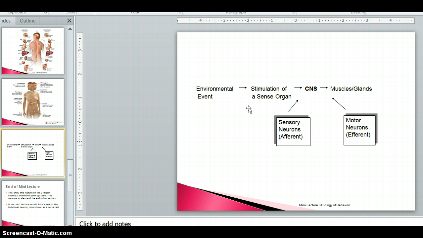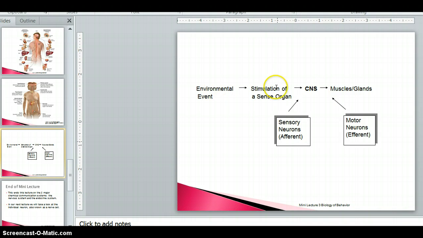Now the primary sense organs are ones that you're familiar with, which would be the senses of sight, taste, sound, smell, touch, etc. So in this case, the sense organs that are stimulated would be the ears, receiving the auditory stimulation, as well as your eyes, which are receiving visual stimulation.